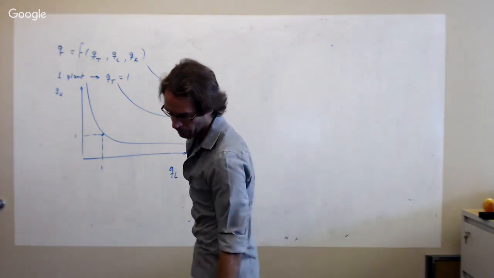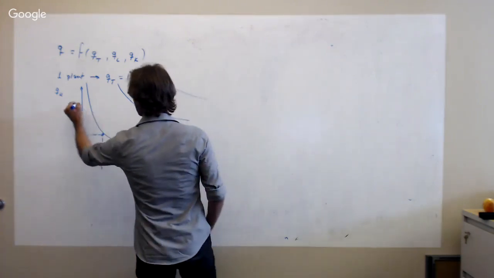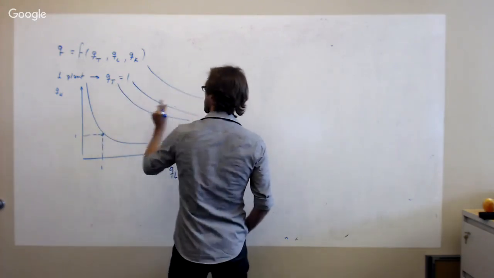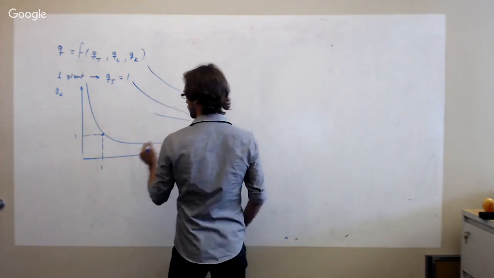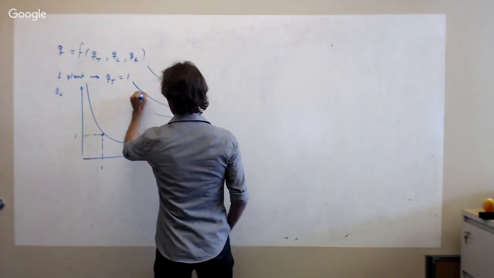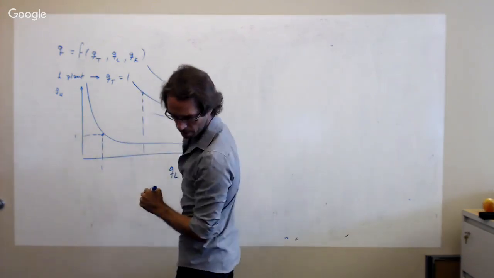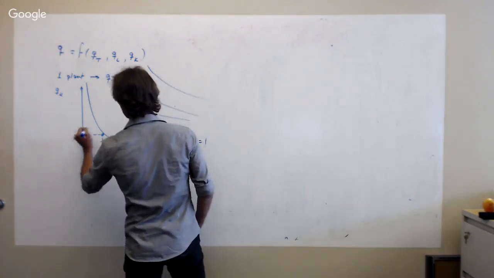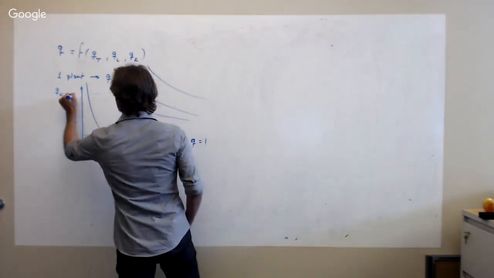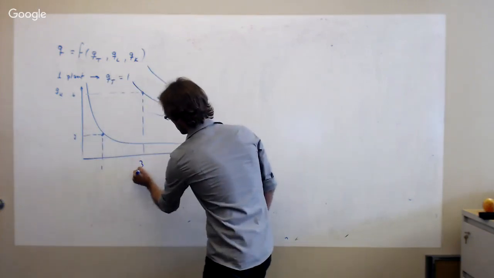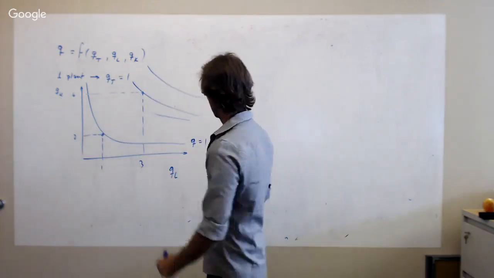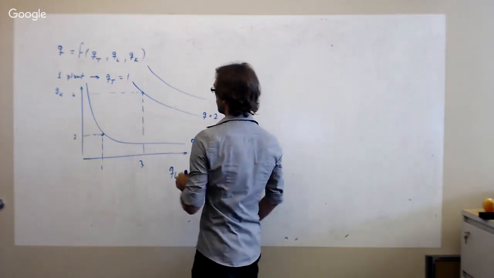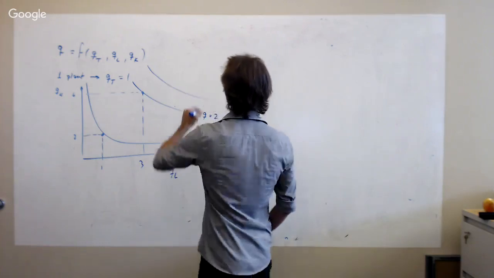If you use 1 unit of labor and 1 unit of capital, you get to produce 1 washing machine. But if you use, let's say, 1 and 2, I want my example to work, 3 and 6, you can produce 2. And I'm going to make more isoquants, one way out here.